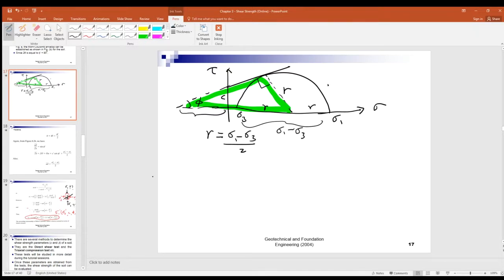What's this? This should be C over tangent phi, right? Because that is a right angle.